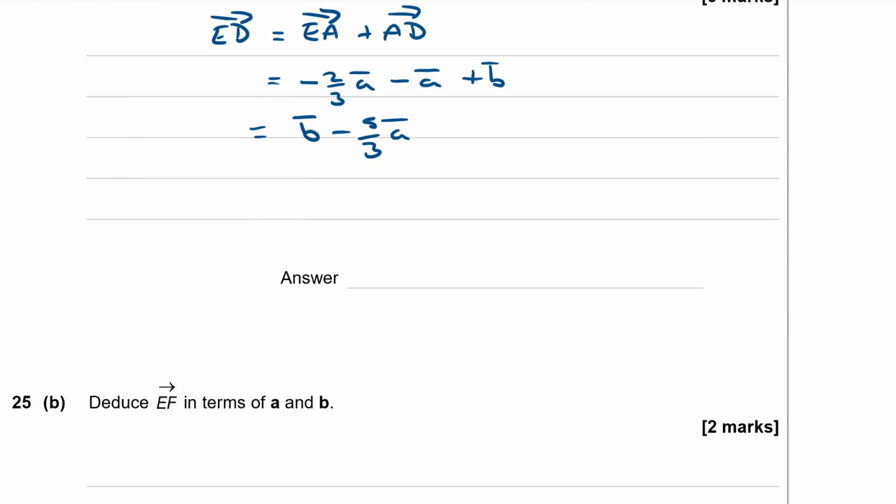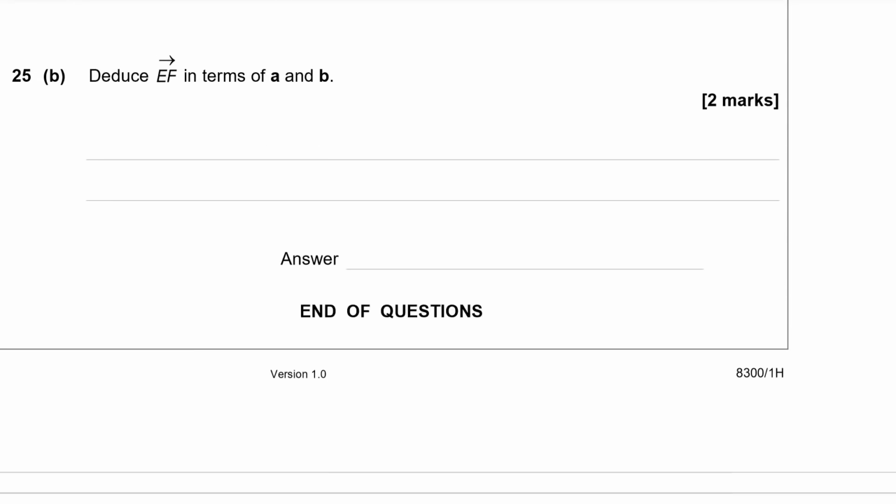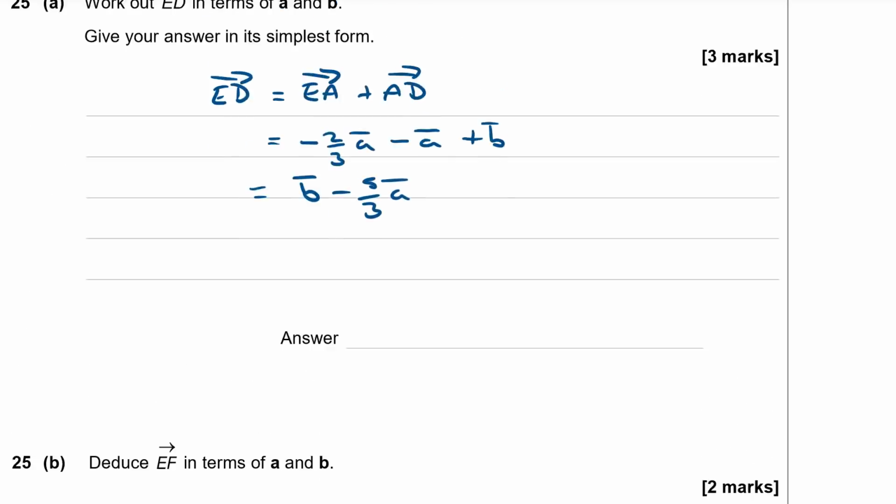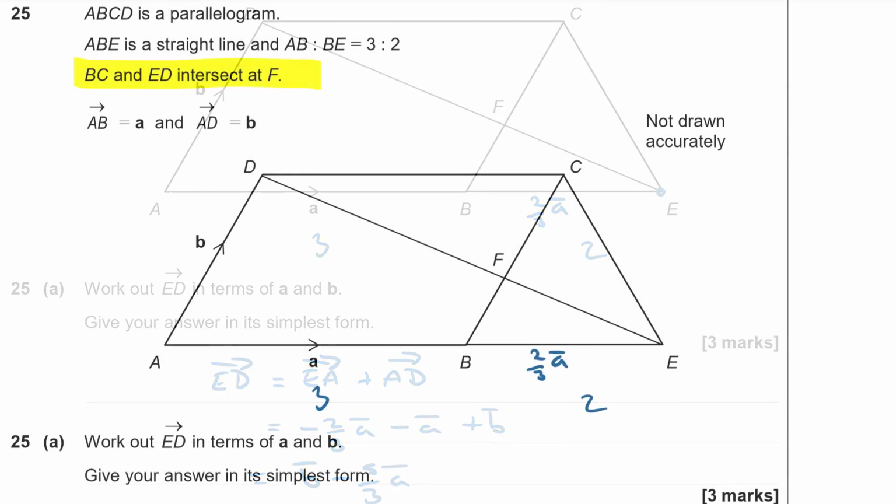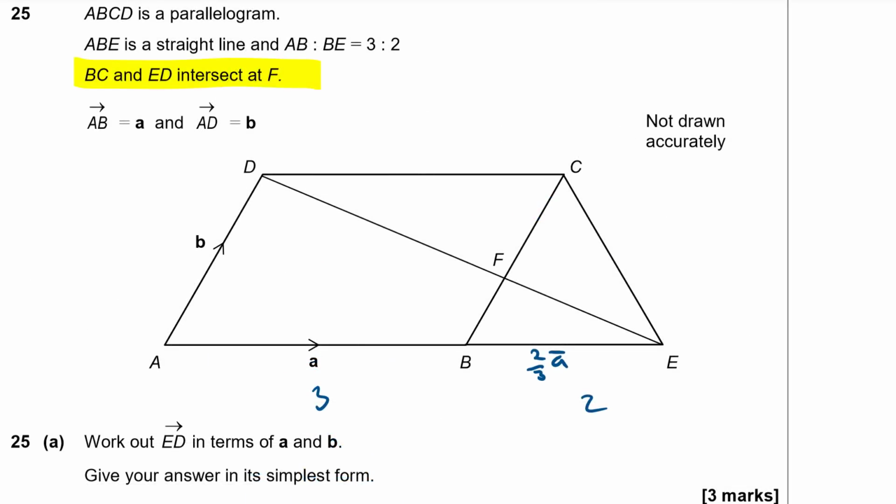Okay, let's go on to the next part then. Deduce E to F in terms of A and B. So where's E to F? Looking at this triangle here, we can see it is similar to this large triangle.